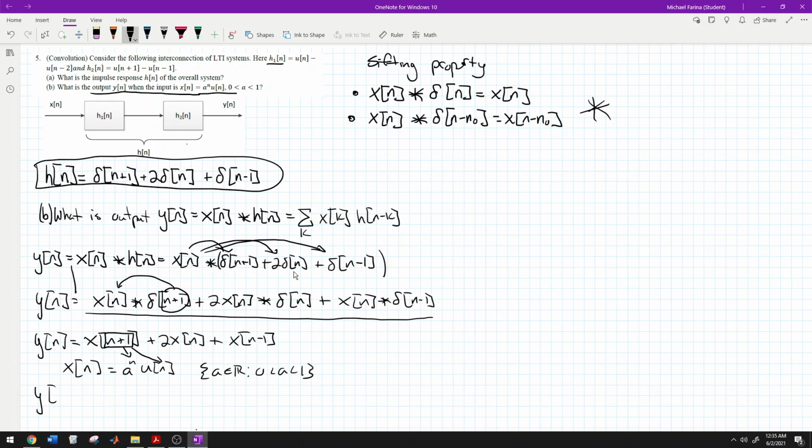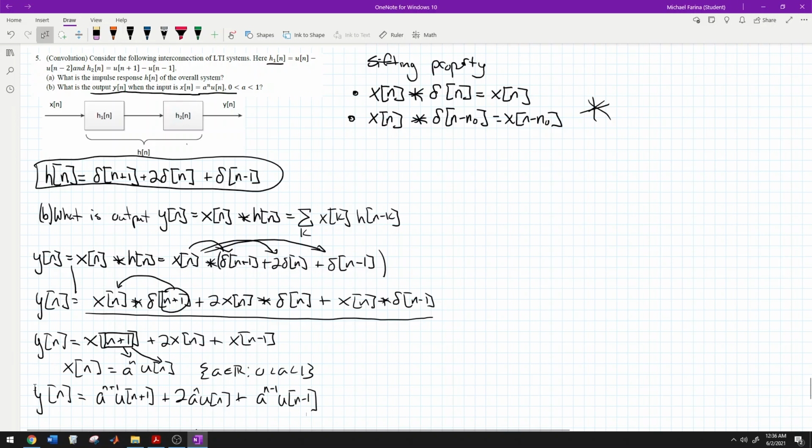So we get y of n is equal to a to the n plus 1 u of n plus 1, plus 2 a to the n u of n, plus a to the n minus 1 u of n minus 1.